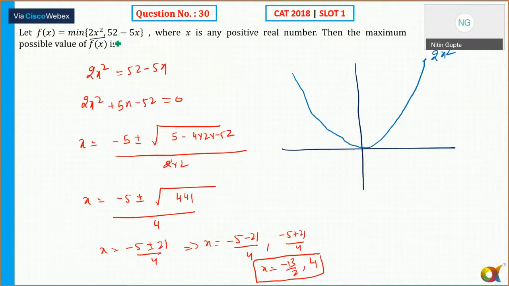It's a decreasing line. Okay, so it will be like this. So these two curves are meeting at 2 points. And what are those 2 points? Minus 13 by 2 and 4. So at this point, x is 4. And at this point, x is equal to minus 13 by 2.